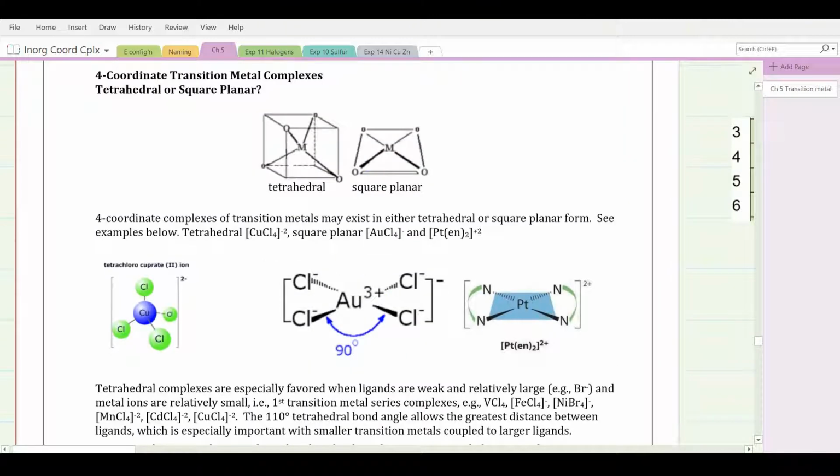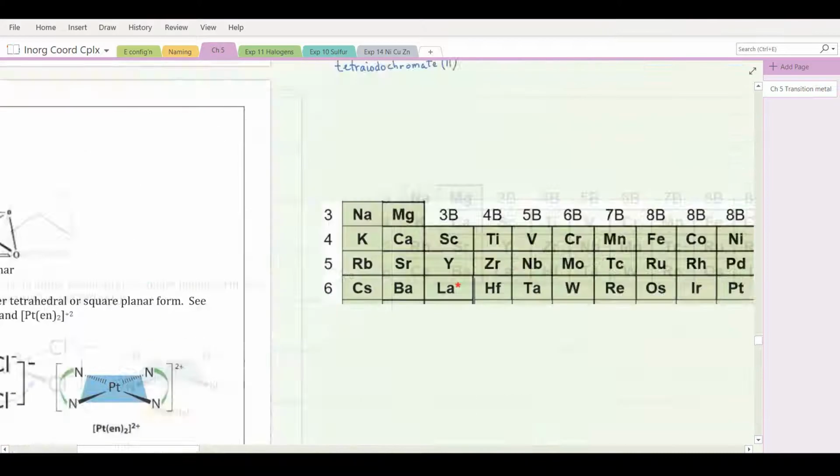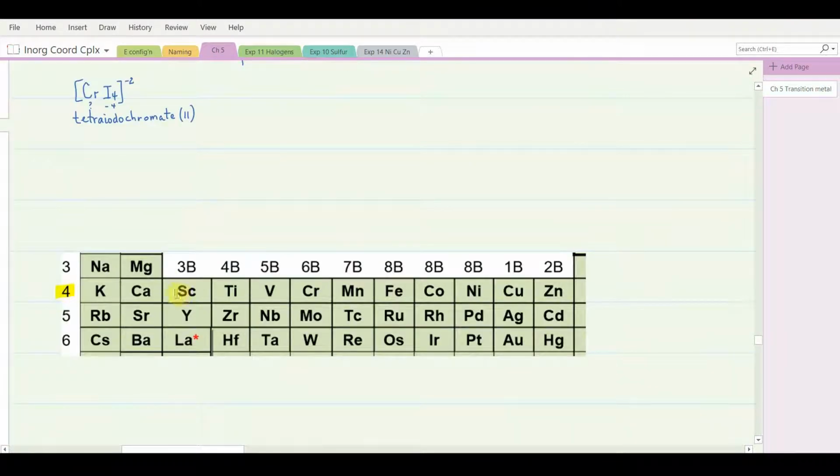Now there's no absolute rule as to which, when, and why, but in a general sense we could state it this way, that for transition metals that are smaller, and I'm talking about the 4th period, the first series of transition metals, scandium through zinc, these would be smaller than transition metals from the 2nd or 3rd transition metal series in periods 5 or 6.